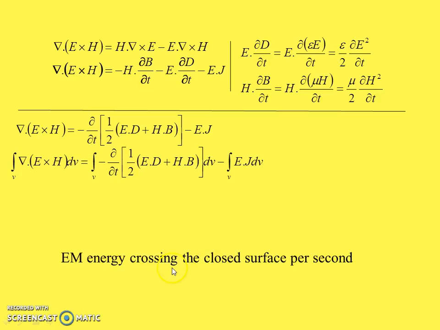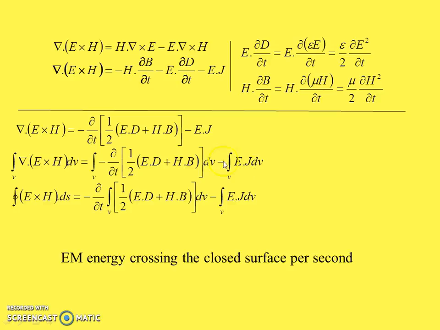It is the integral of del dot E cross H dV, equal to the integral over the volume of minus del by del t of half of E dot D plus H dot B. This is the electric potential energy, and this is the magnetic potential energy which exists inside the electromagnetic wave, and this is minus the integral over volume V of E dot J dV.